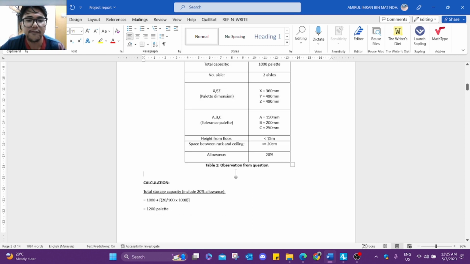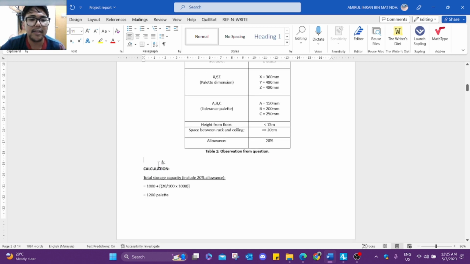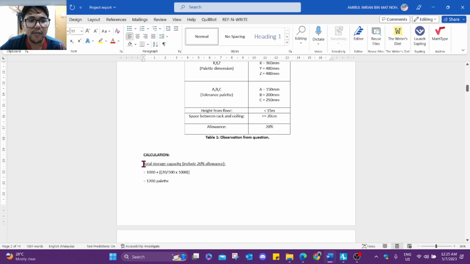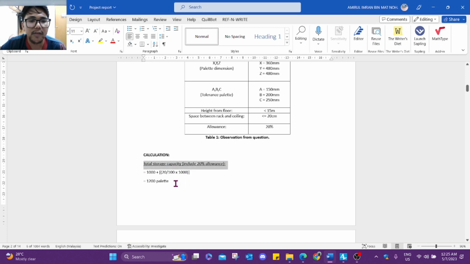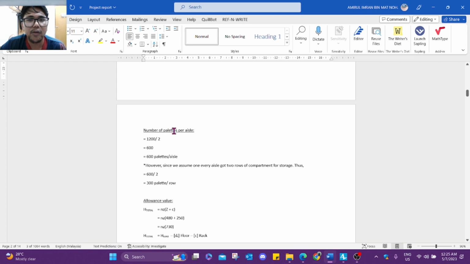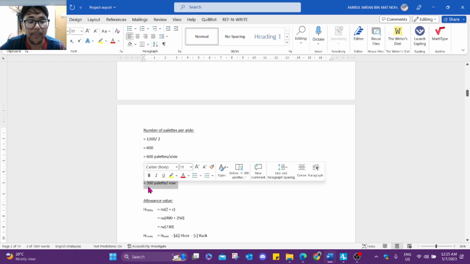Based on these values, we calculated the important figures that will be used later in our ASRS simulation in Analogic. The total storage capacity, including the 20% allowance, must be at least around 1200 pallets. Since we have two aisles, there are four rows of storage, so each row must hold 300 pallets.